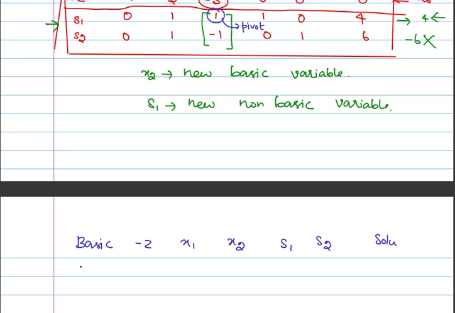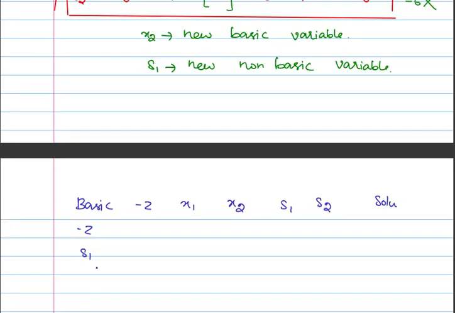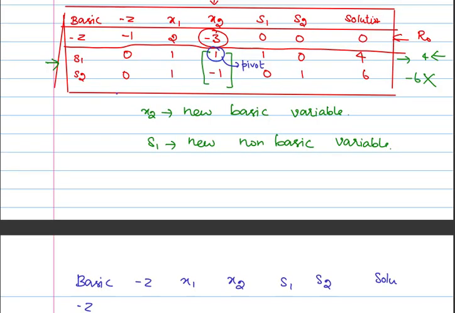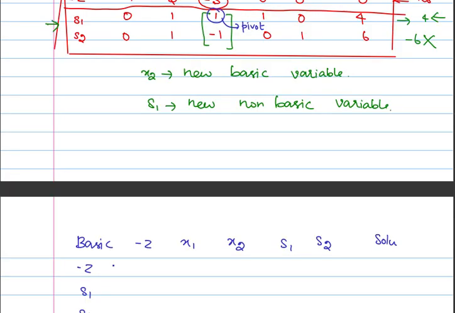The basic variables are minus z, x2 and s2. The first row I write as it is: 0, 1, 1, 1, 0, 4.